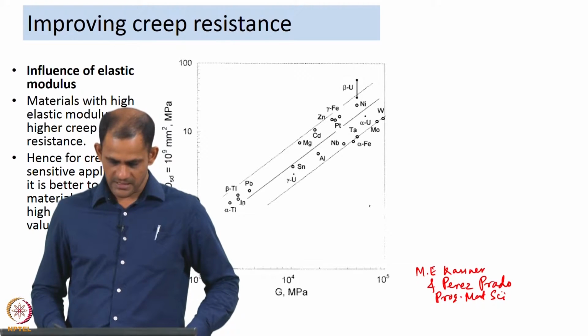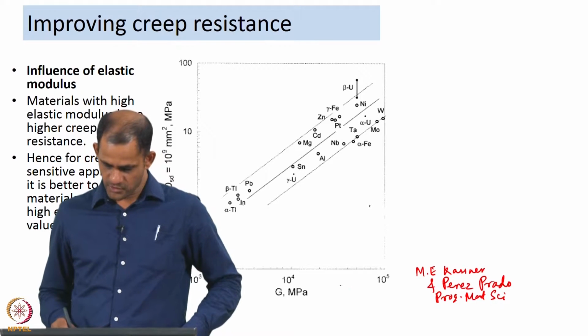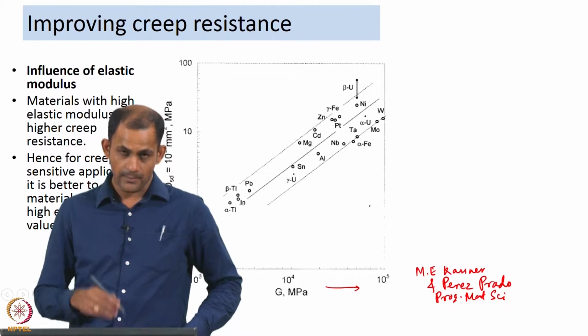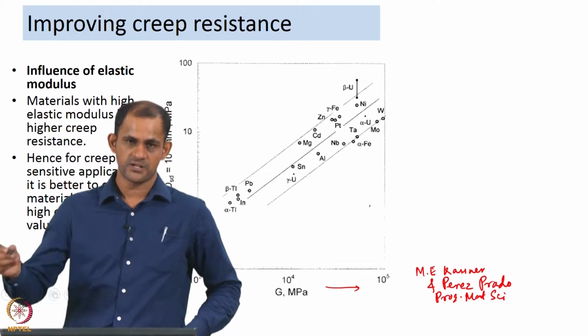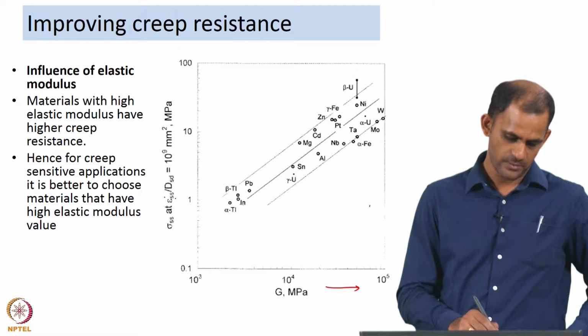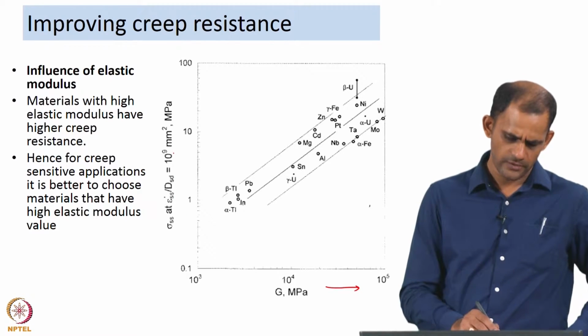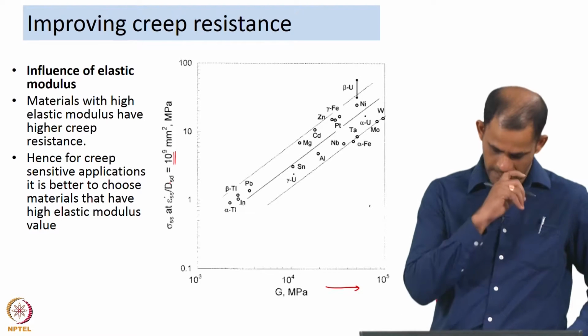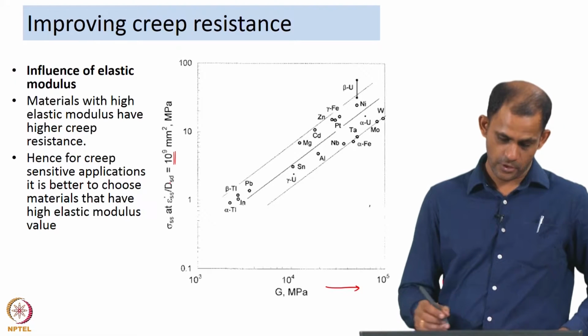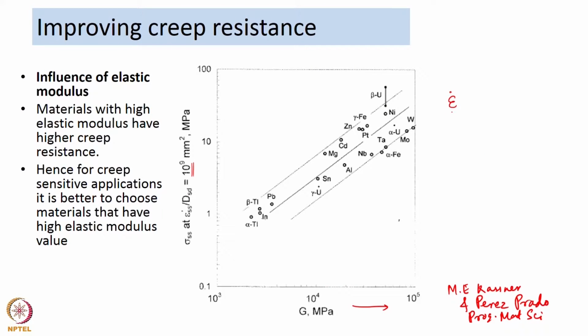So, what this graph is telling you is, as your elastic modulus or your shear modulus is increasing, the amount of stress required to generate a certain creep strain rate is also increasing. In this case they are talking about a creep strain rate of the order of 10 to the power 9, normalized with D_SD, which is self diffusivity.